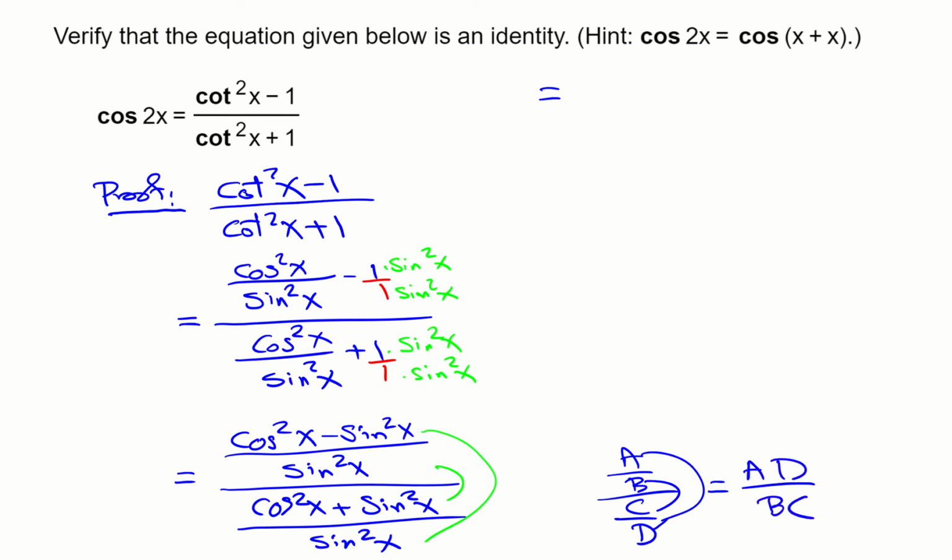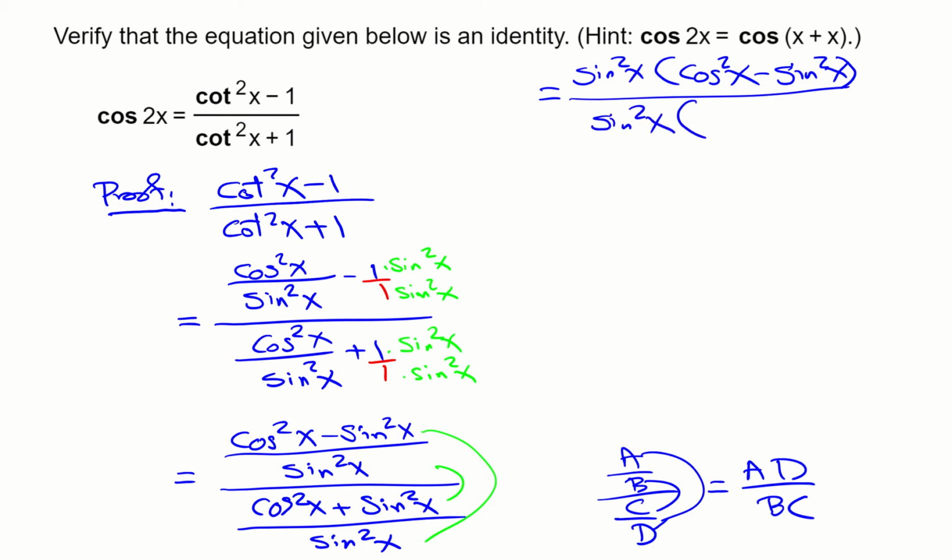So we end up with sine squared x times cosine squared x minus sine squared x over sine squared x. That's the outer product there on the top. Now this is the inner product over cosine squared x plus sine squared x.